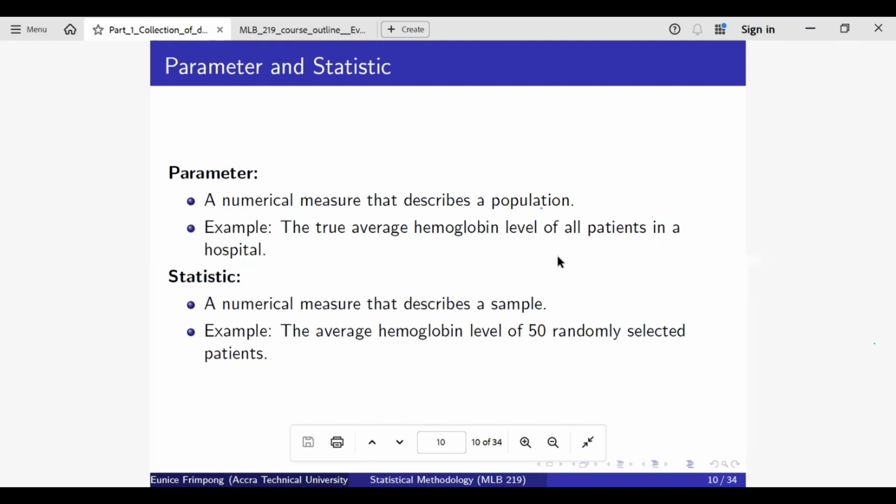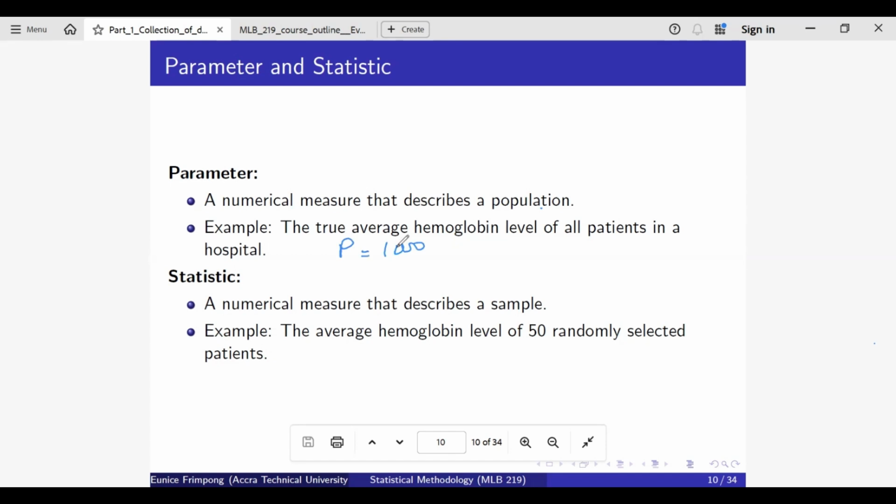Now, if I find the average hemoglobin level of 50 randomly selected patients in the hospital, so definitely there are more than 50 patients in that hospital, let's say the entire population is 1,000 patients.